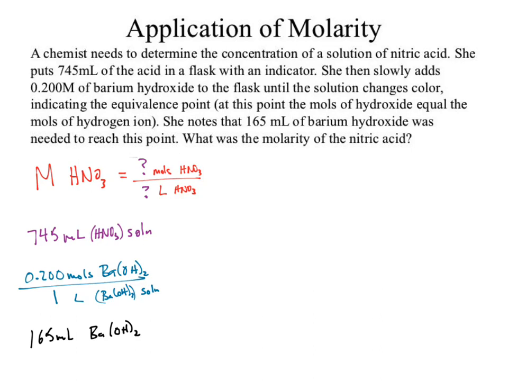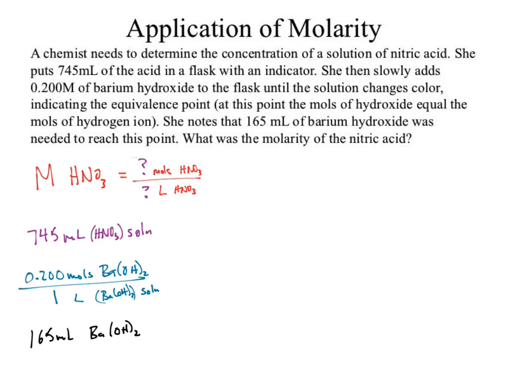For instance, nitric acid is HNO3. Barium hydroxide is Ba(OH)2. If we go through and look, the units I want is moles of my substance, right? Moles of what substance? Nitric acid.